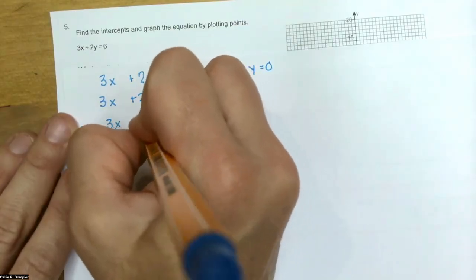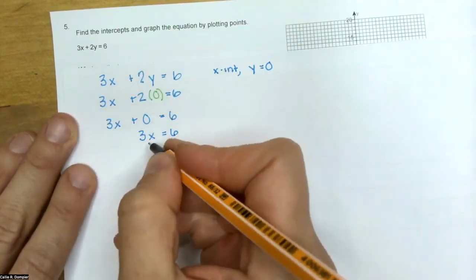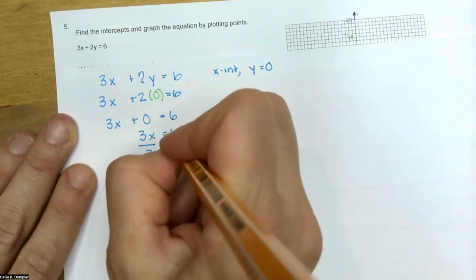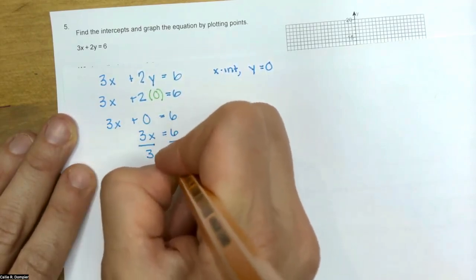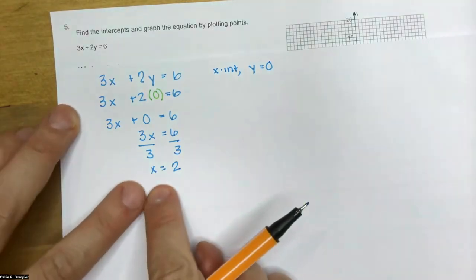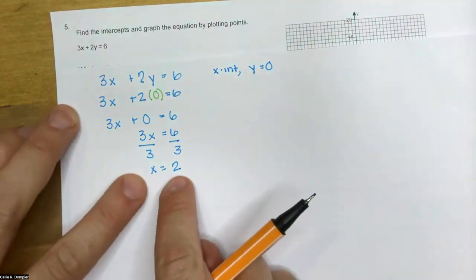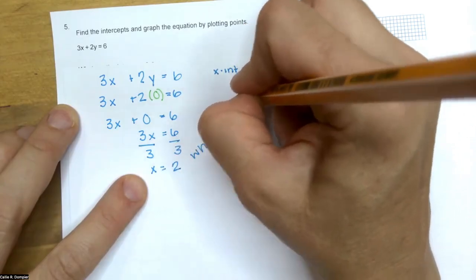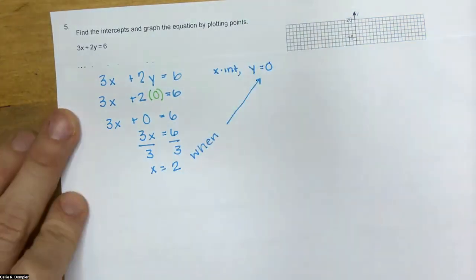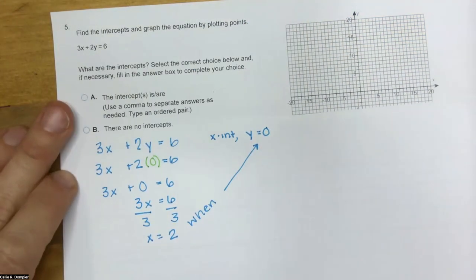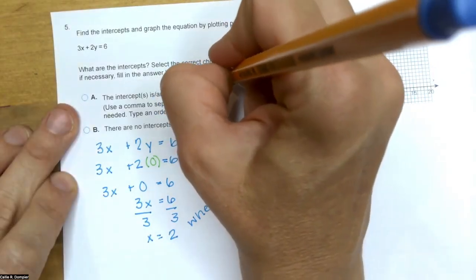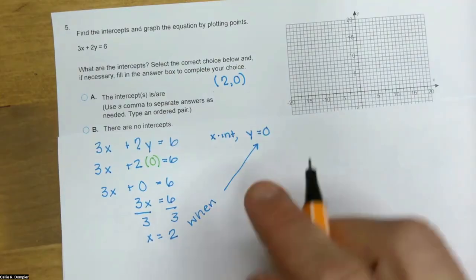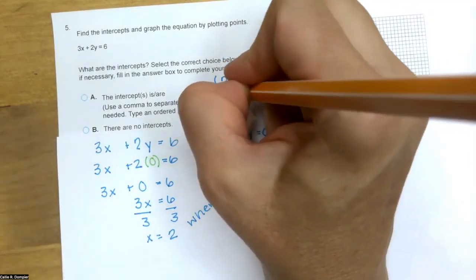So we just have 3x equals 6. How do I get x alone? It's being multiplied by 3, so I'm going to divide by 3. x equals 2. So what we have now is x equals 2 when y equals 0. So the intercept is 2, 0, because remember, it's always x followed by y.